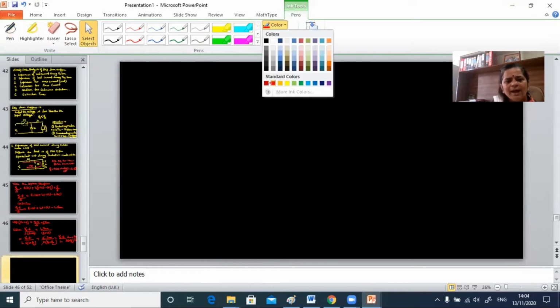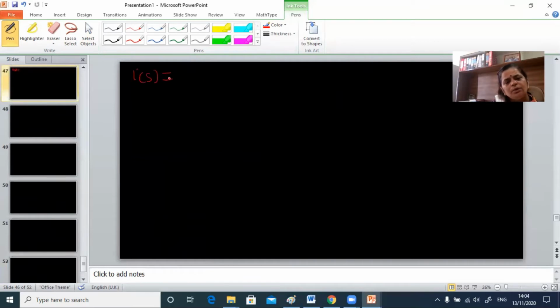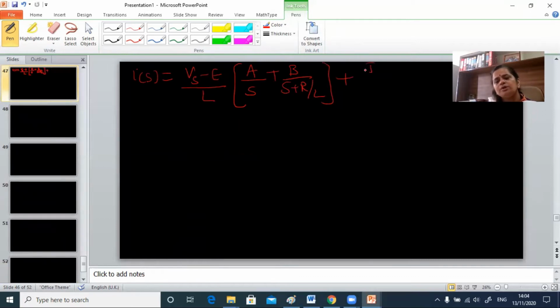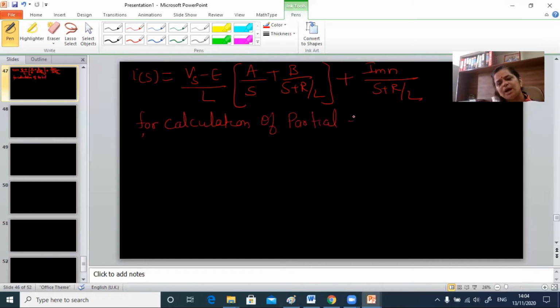So let us further write this equation again. I(S) is equal to Vs minus E by L. Now do the partial fraction expansion: A by S plus B upon S plus R by L. And here I am going to get I minimum upon S plus R by L. Because this is the current in the S domain, and I am interested in the current in the time domain, I need to calculate this A and B. For calculation of the partial fraction coefficients A and B, how to calculate A?